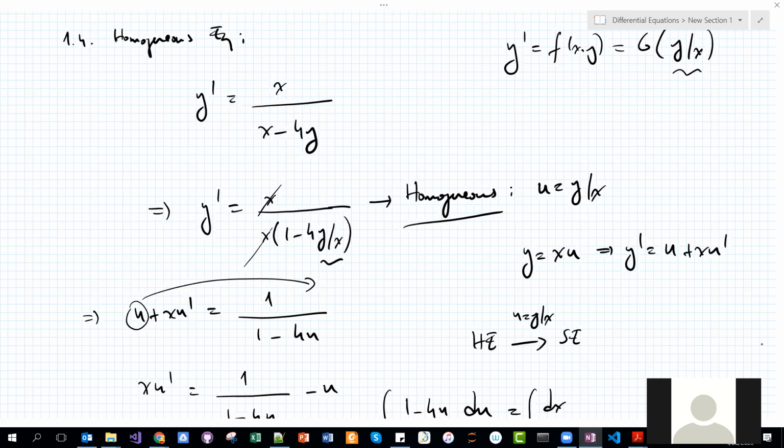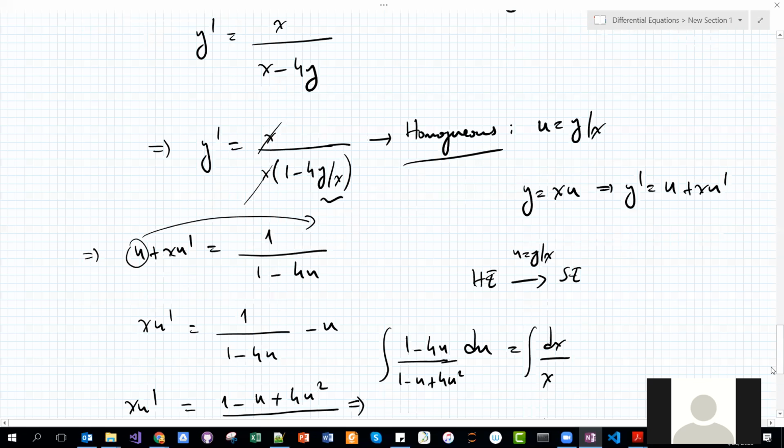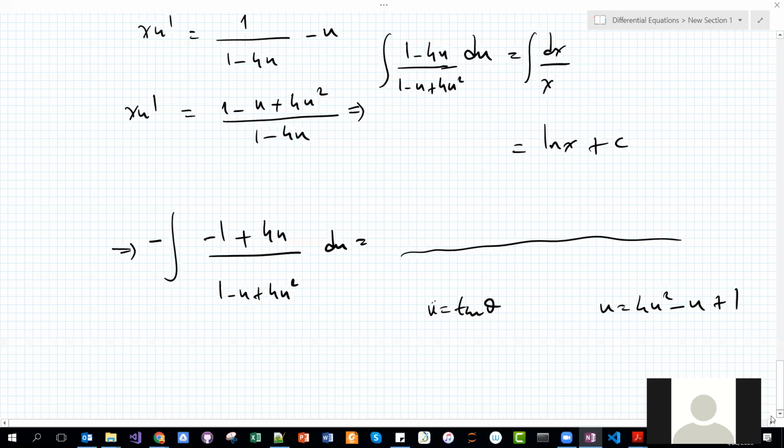In this case, you may use either the exact equations or the homogeneous equation. If nobody asks you about a specific technique, you are free to use any technique, try each one, and see if it works. Of course, you can just use the easier one. But if you are asked about a specific technique, of course, you need to use that specific technique, as in this question.